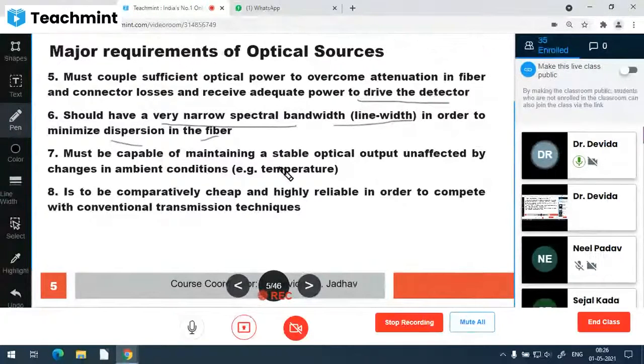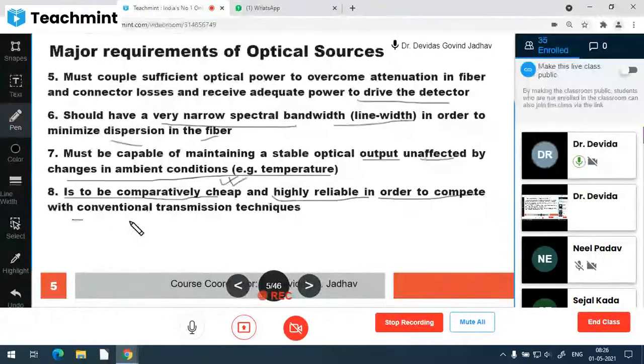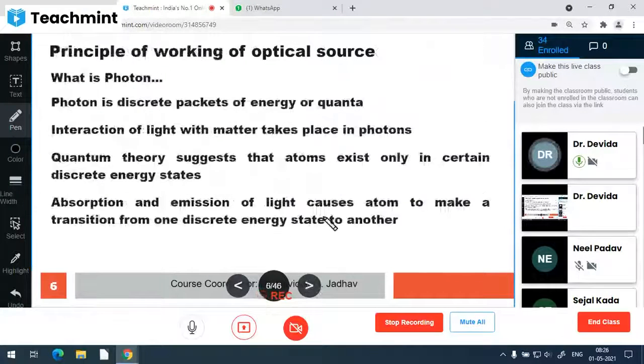Source must be capable of maintaining a stable optical output unaffected by changes in ambient conditions, that is temperature. Source is to be comparatively cost effective and highly reliable in order to compete with the conventional transmission technique.